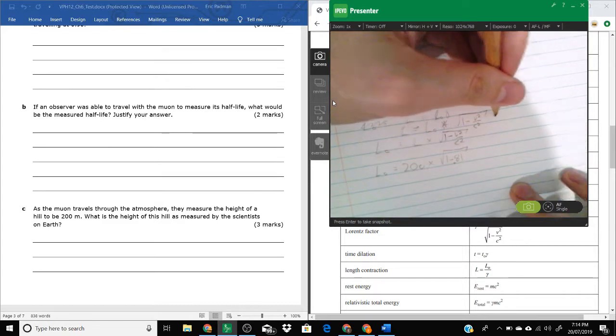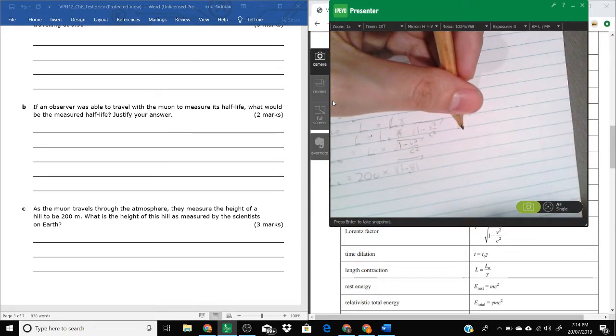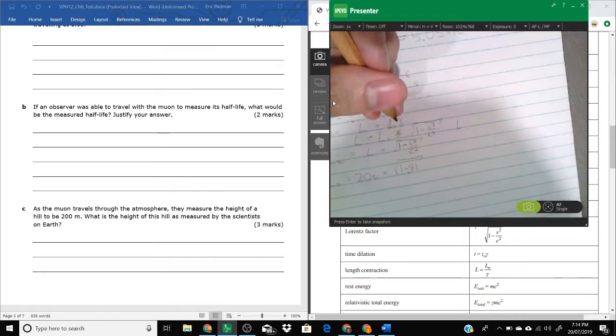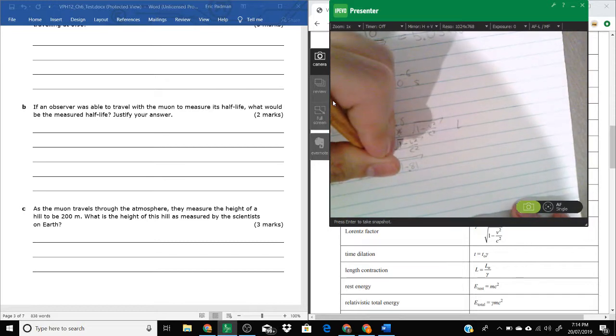Let's see, did I get that right? What have I done rearranging that wrong? L equals L naught times. Yeah, that was it, and that would actually be a divide. My bad, I got this backwards.